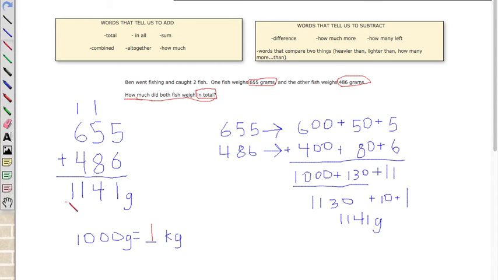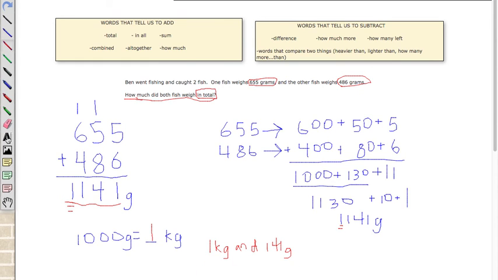So when I look at this number here, 1,141, well, there is my number of kilograms. And similarly over here. So I can look at my answer and say now I have 1,141 grams, or 1 kilogram and 141 grams.